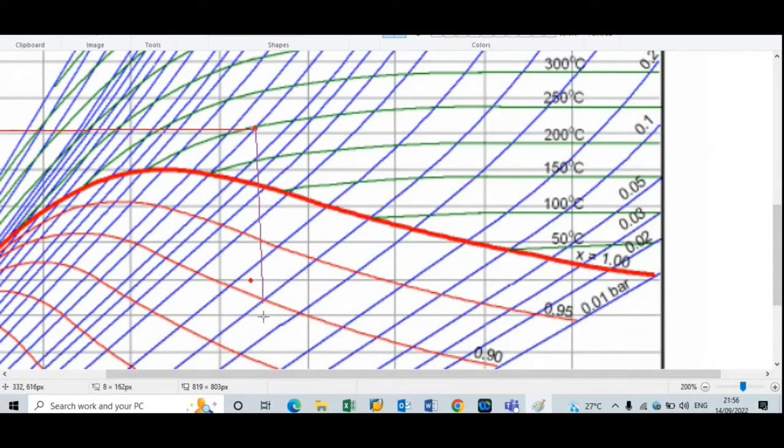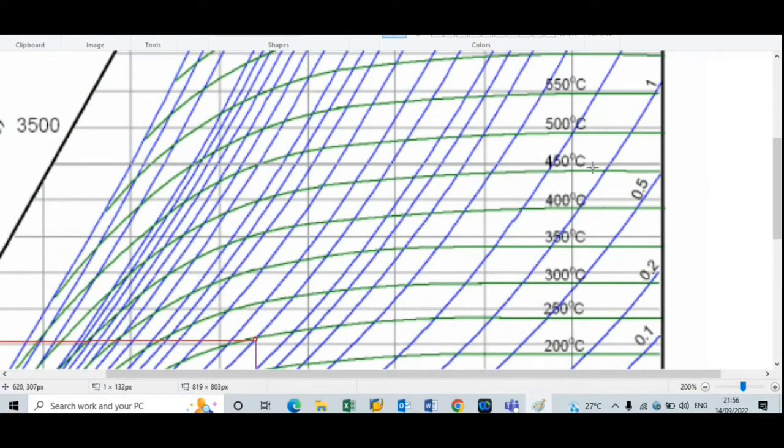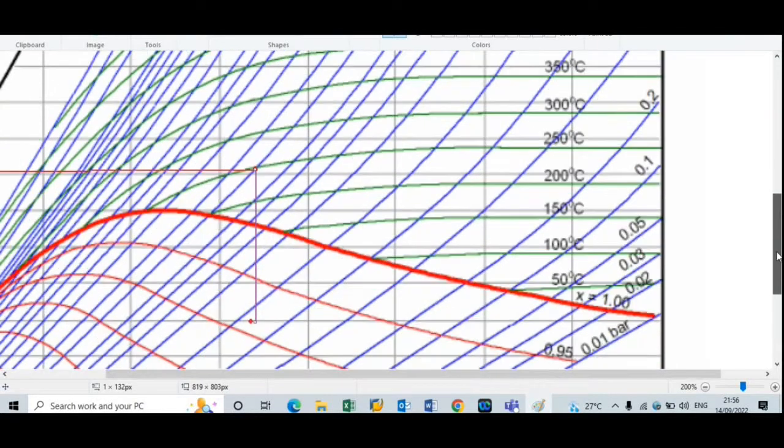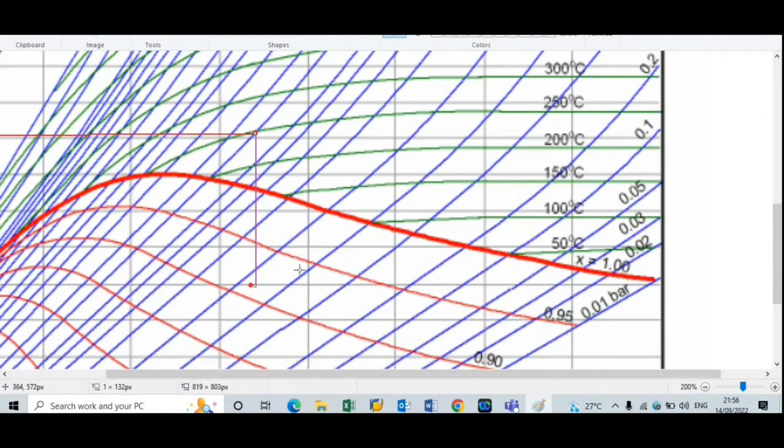And now we have to draw this line up to the pressure of 1.5 bar. After this 1 bar, this is the line that we have to select. And after that, in between this 1 and 2, this is the pressure line for the 1.5 bar. So this point will be point 2 dash.